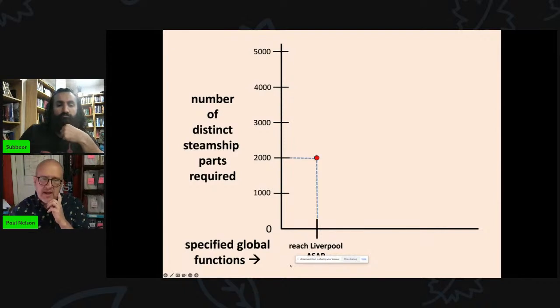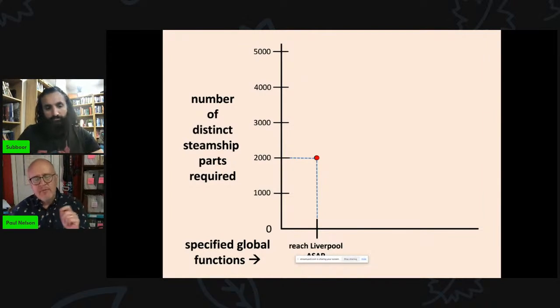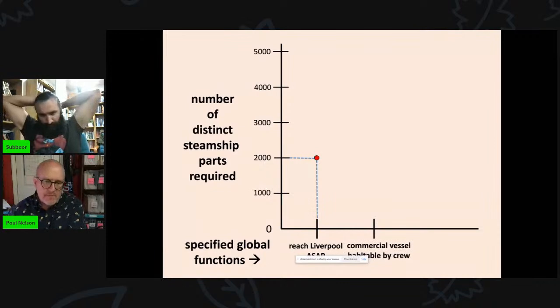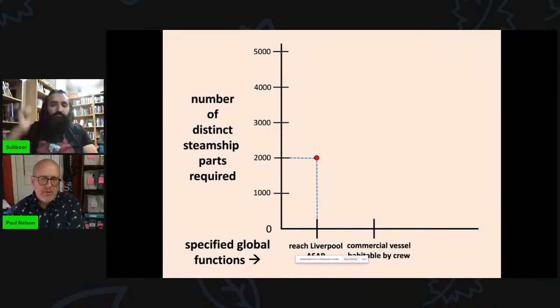And let's say 2,000 parts are needed. You have to have them to do that. You can't, for instance, burn the hull because the ship will sink. So the hull is essential for this particular global function. Reach Liverpool as soon as possible. But how about this one? A commercial vessel that's habitable by a crew.